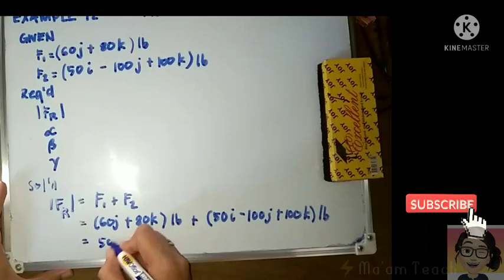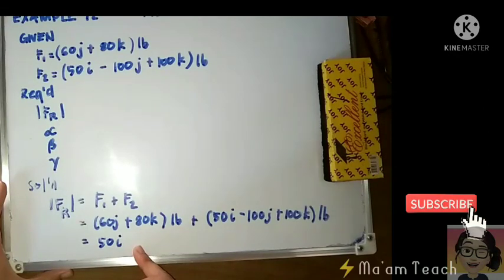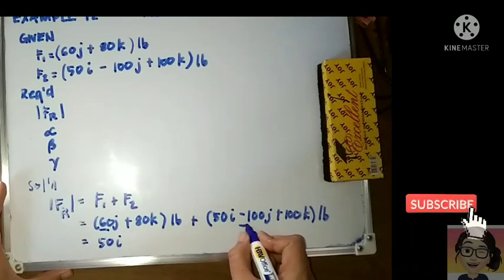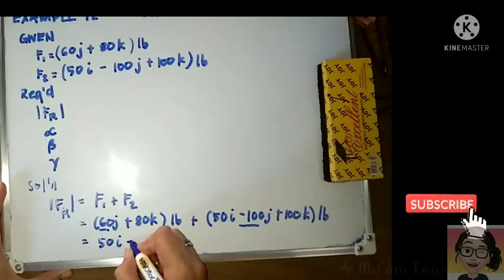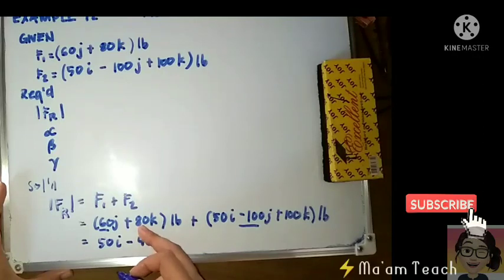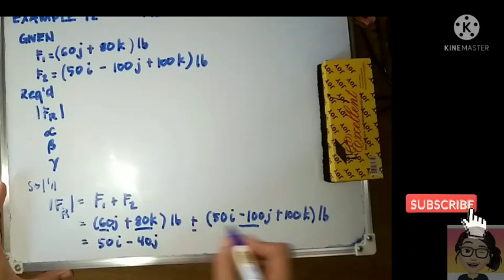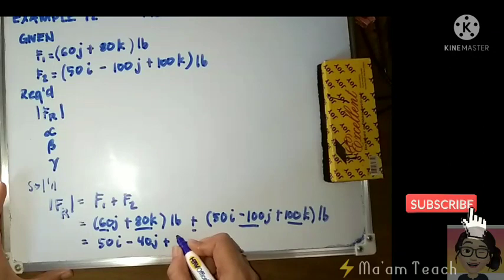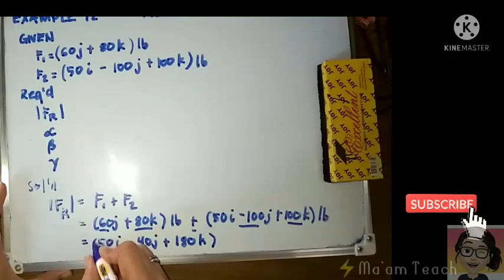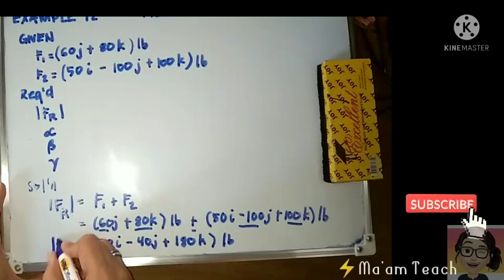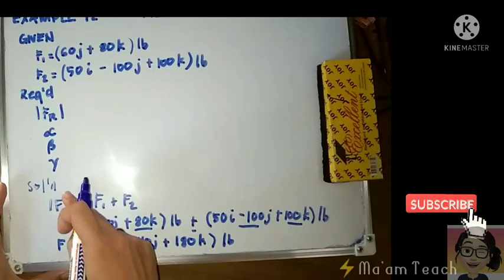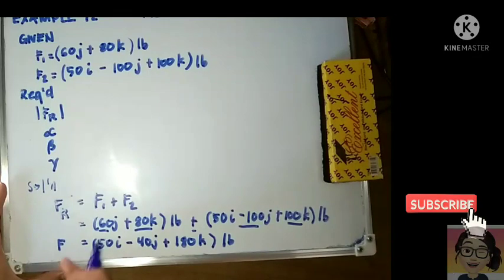For the j, or the y component, we add 60 and negative 100, so that is negative 40j. For the k, 80 plus 100, so that is positive 180k. And copy the unit, which is the pound. This is already our resultant force.